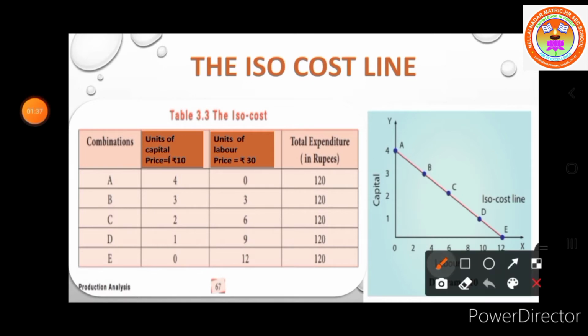The line AE is called the ISO cost line. OAE shows the cost to be incurred on capital and labor.